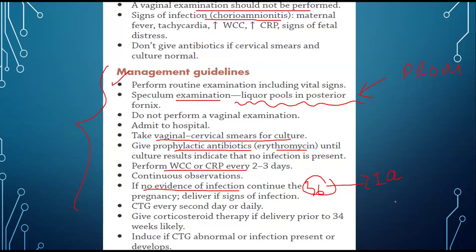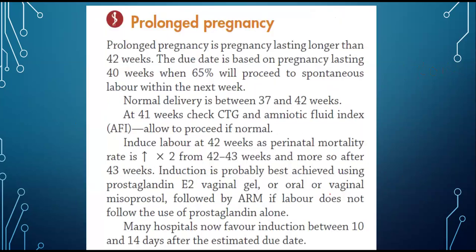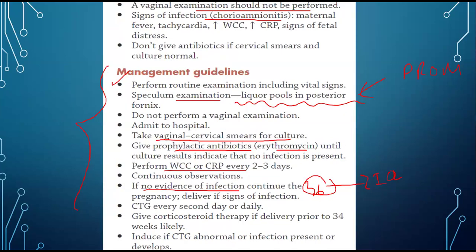So you don't actually reach up to 37 weeks for premature rupture of membrane. By the time it is 36 weeks, you will go for induction. Okay? So this step-by-step management comes in exam. First is speculum, take the culture, start the antibiotic, check the blood for any sign of infection, and then based on it, if infection happens, then immediately the patient will need delivery. If there is no sign of infection, then you can continue until 36 weeks, followed by induction of labor.